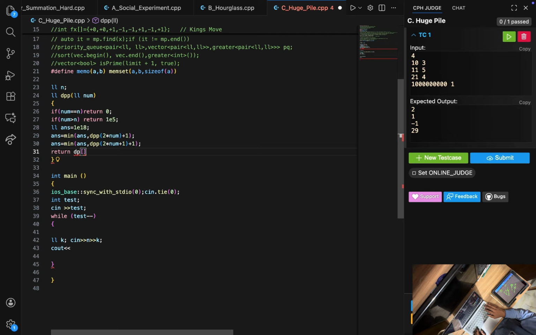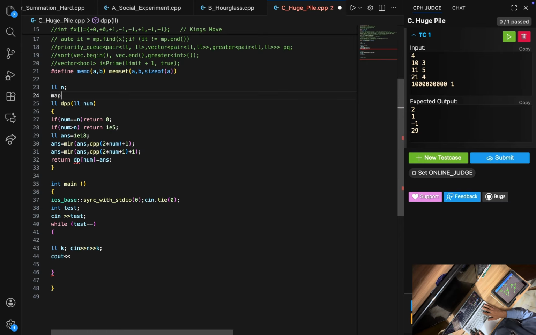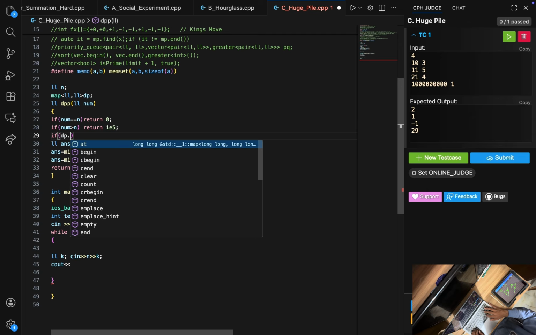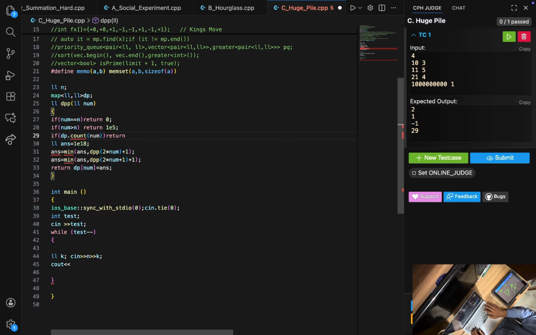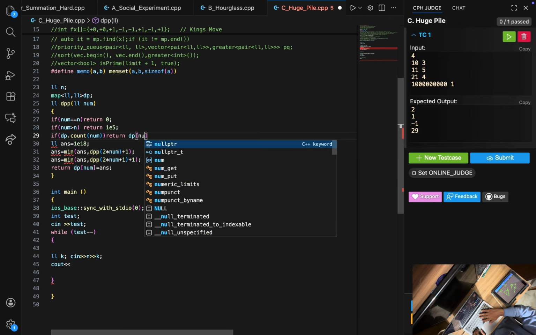DP num equal to, and so I have to use a map because obviously it's not a continuous value. Return DP num.